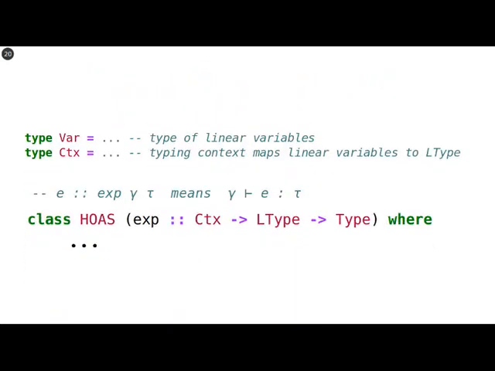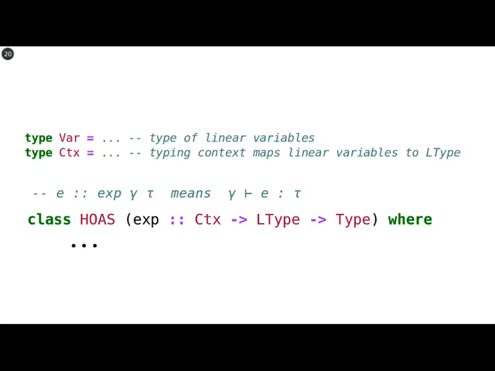We're going to use a final tagless encoding. And so we're going to define a type class that describes a typing judgment. That's this exp type. So an expression E of type x gamma tau means that E is a linear expression that uses variables in the typing context gamma, and it has the linear type tau.